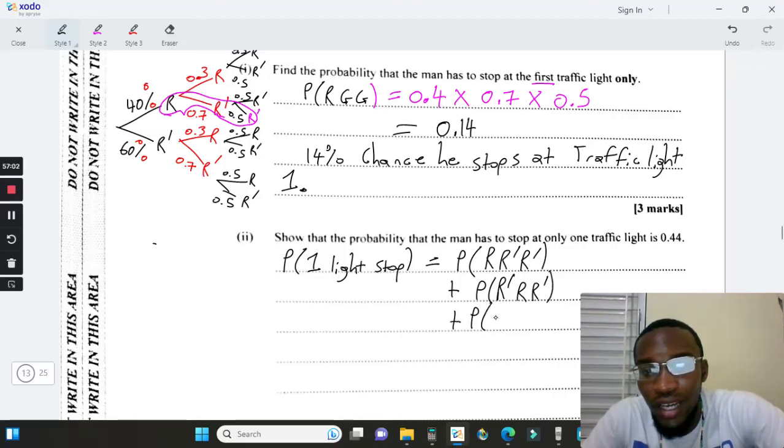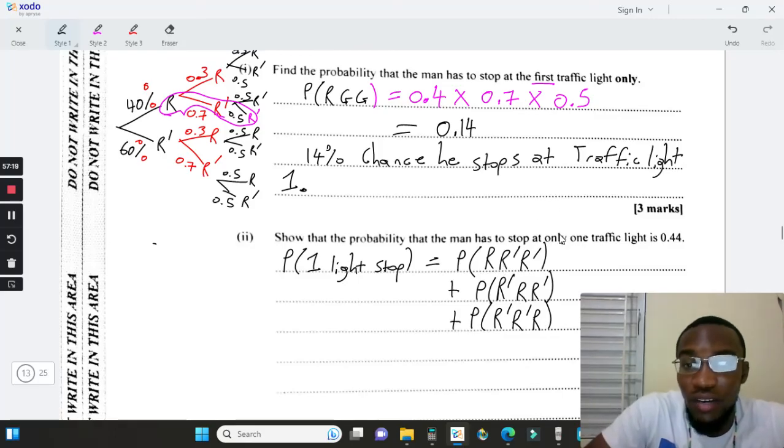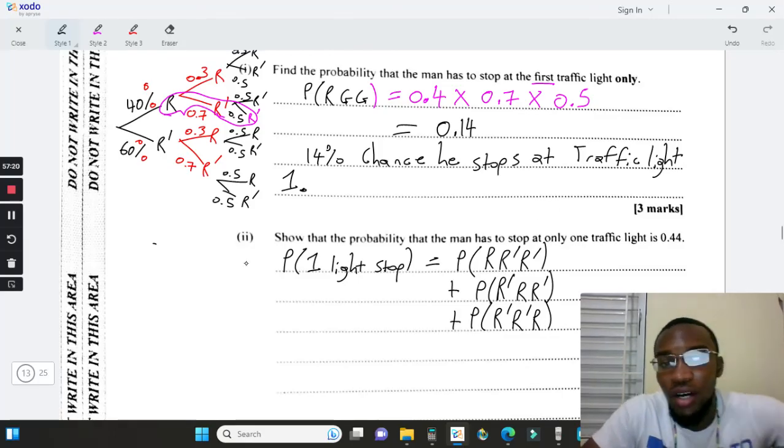Or the last one, it could be not red, then not red, then red. So it could be that you stop at the first light, or that he stops at the second light, or that he stops at the third light. Any one of those three is just one red light. So we add up all the probabilities.